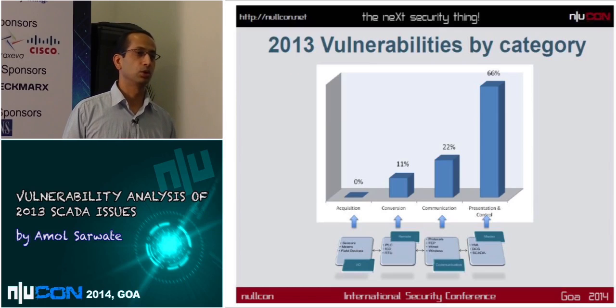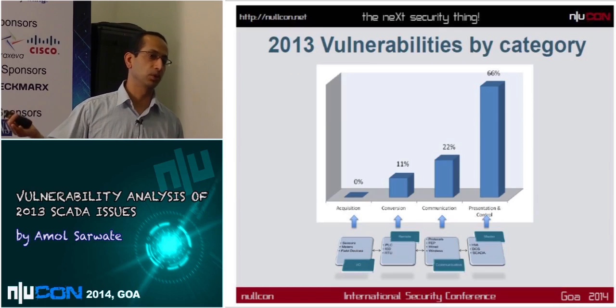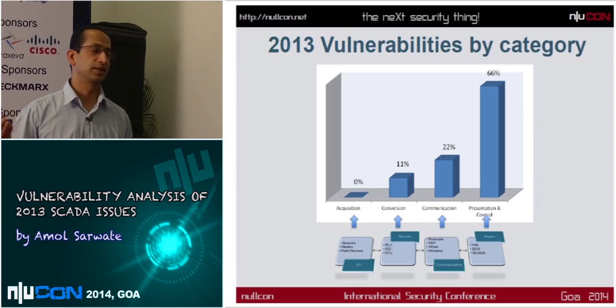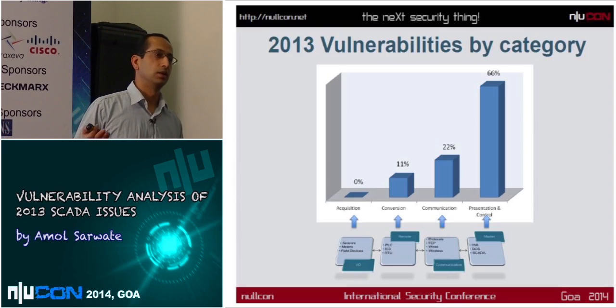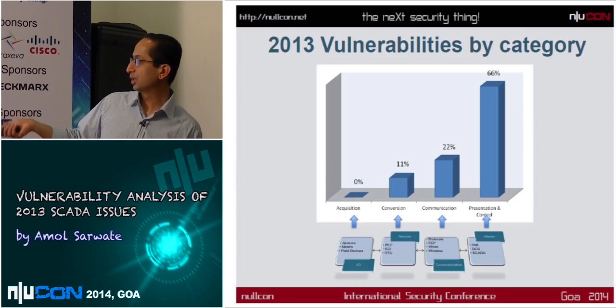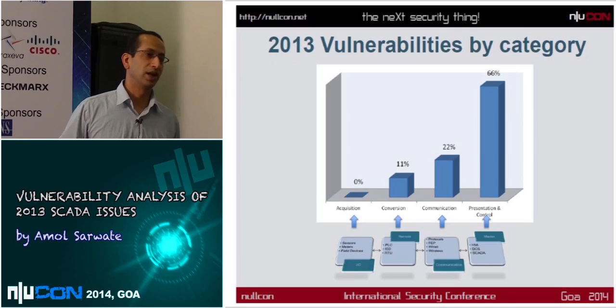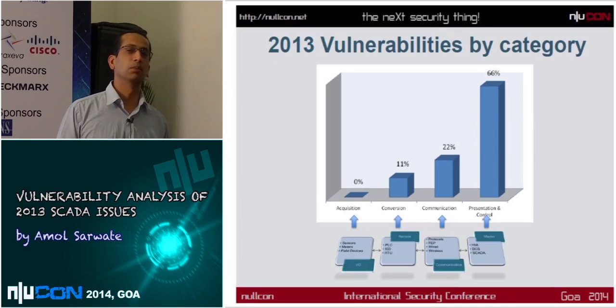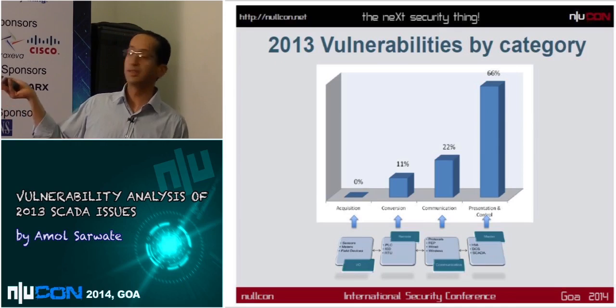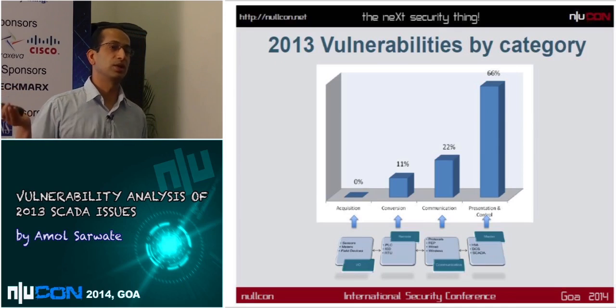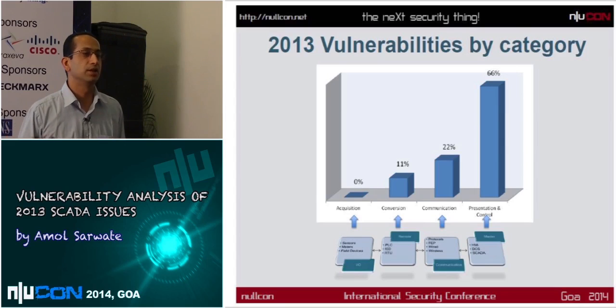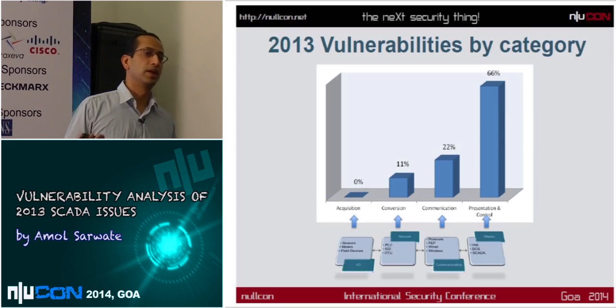So if you want to hack the first component, let's say a photo sensor, light sensor, or pressure sensor, the easiest thing is to come here to hack the communication. But to hack the sensor itself, you have to have physical access to that particular sensor, and that's why we are not seeing many threats, at least in this research for the last 1 year. So in 2013 there were almost no vulnerabilities reported of that type in the data acquisition components.